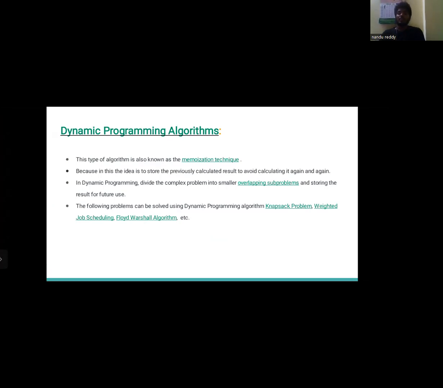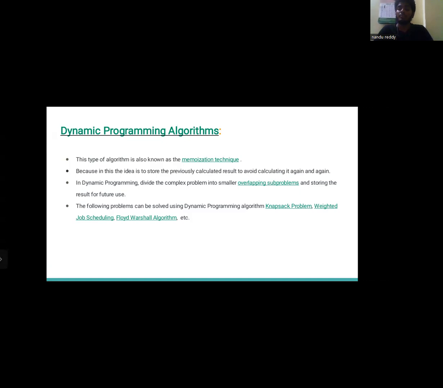Next, the dynamic programming algorithm. This type of algorithm is also known as the memoization technique, because the idea is to store the previously calculated result to avoid calculating it again and again. In dynamic programming, we divide the complex problem into smaller overlapping problems and store the results for future use.